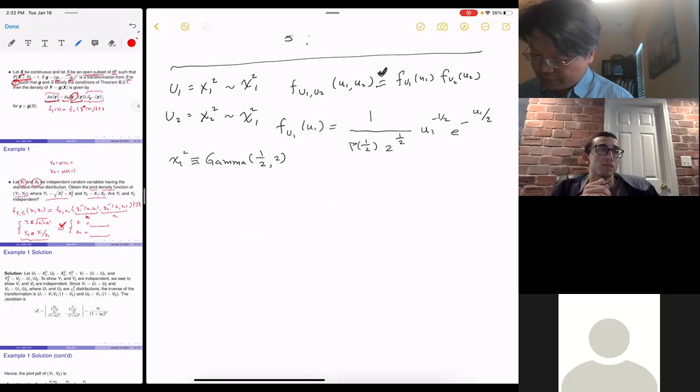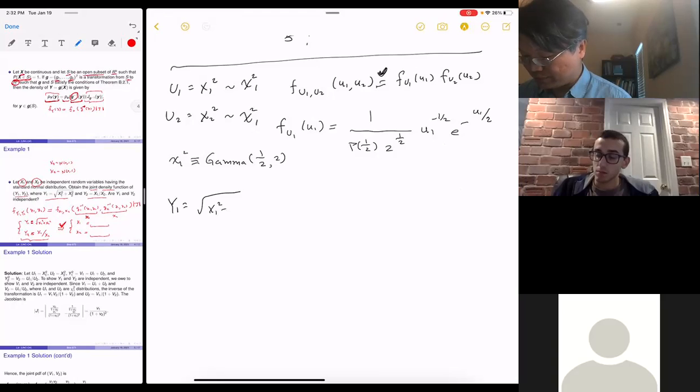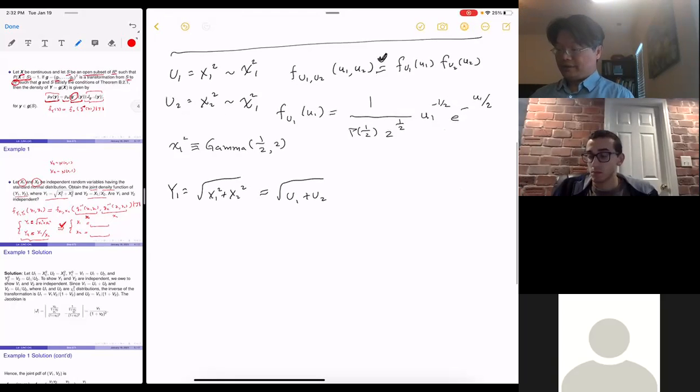So right here, if I say Y1 equals the square root of X1 squared plus X2 squared, I could basically say this is U1 plus U2, right? And if Y2 equals X1 divided by X2, right? So right now, Y1 squared equals X1 squared plus X2 squared, which means Y1 squared equals U1 plus U2.